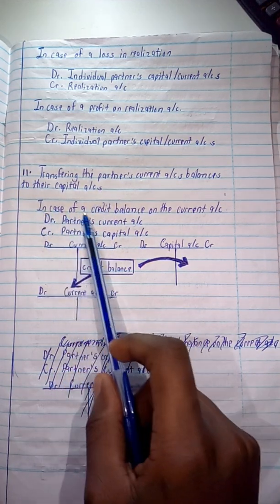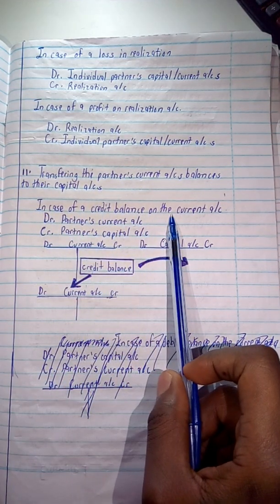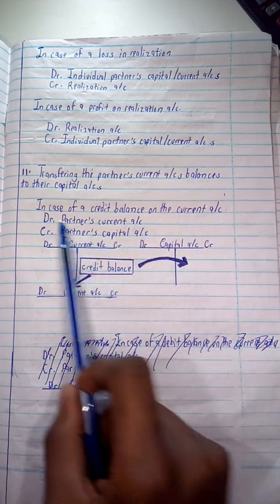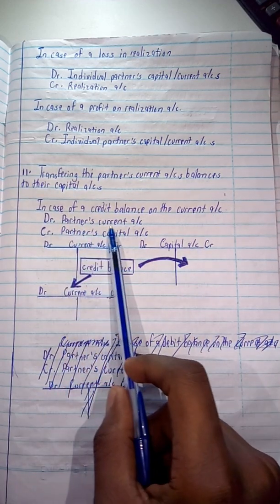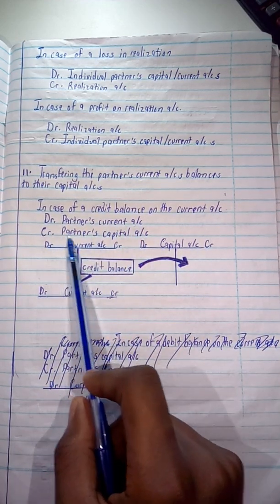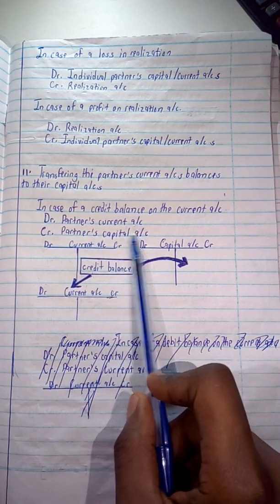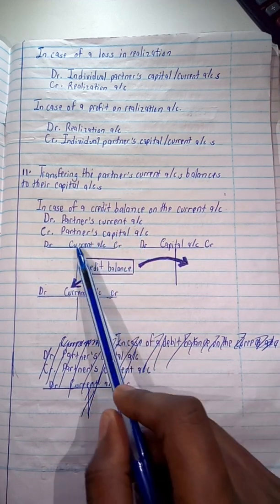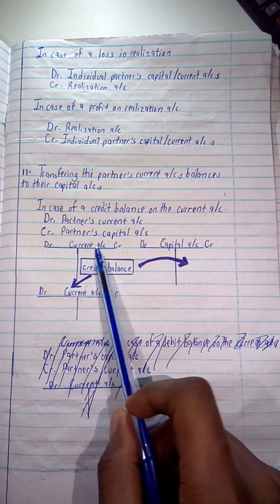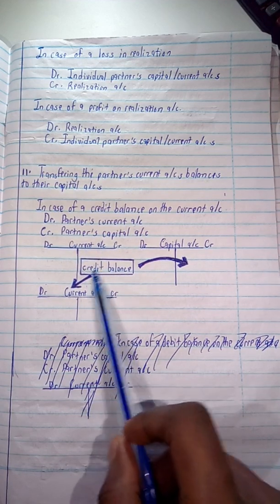Here, in case of a credit balance on the current account, I'm going to debit the partner's current account, and then I credit my partner's capital account. So this is what is going to happen if I'm having my current account with a credit balance.